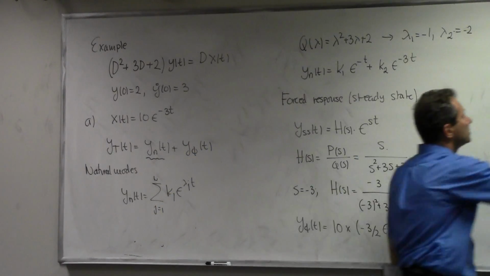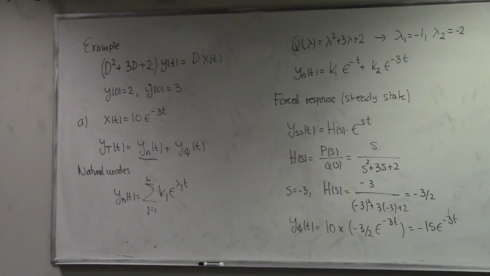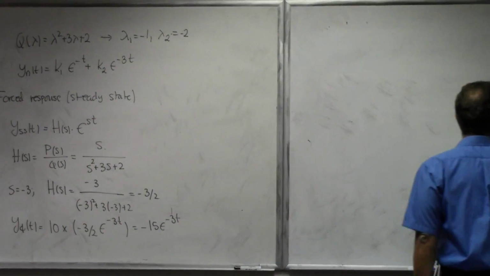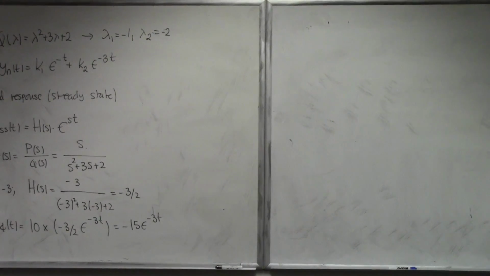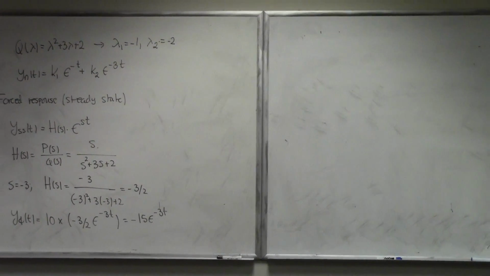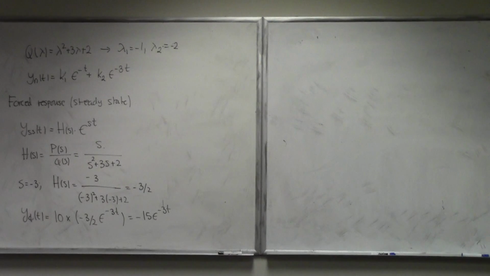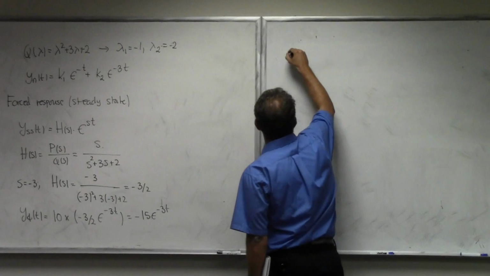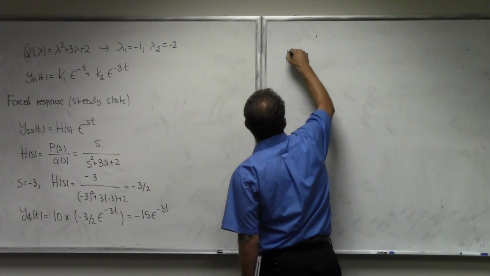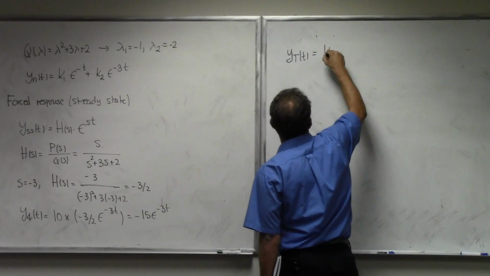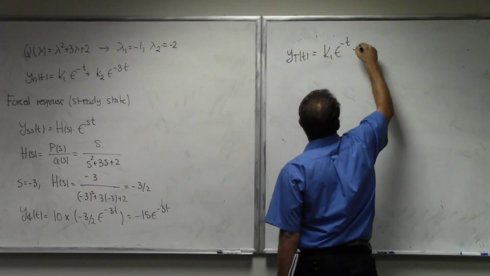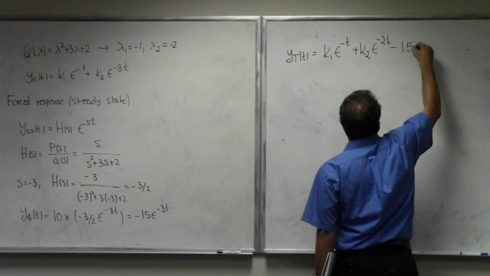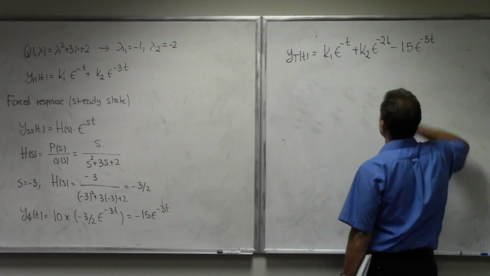And my total response here has the format k1 e to the minus t plus k2 e to the minus 2t minus 15 e to the minus 3t.